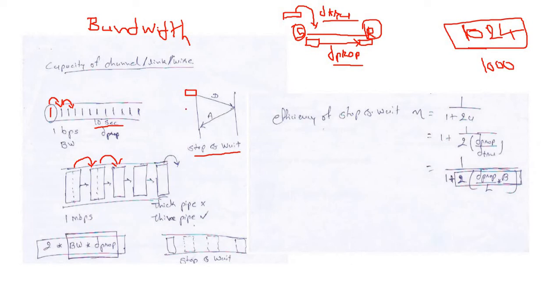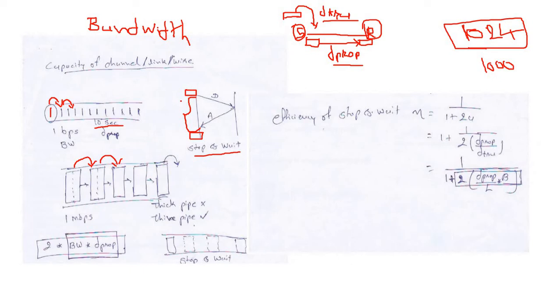Then the data packet travels towards the destination, and the receiver sends an acknowledgement of that signal. So in this duration we are not sending data, we are waiting for the acknowledgement. When we send the next packet, we send from this time. So this amount of time is the propagation time.